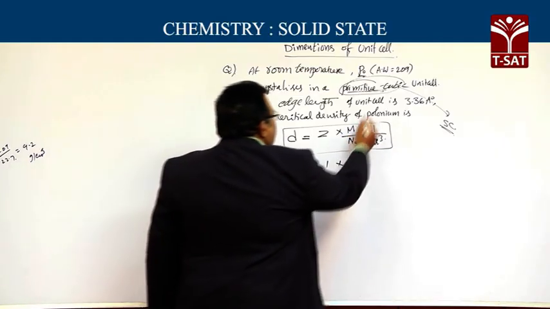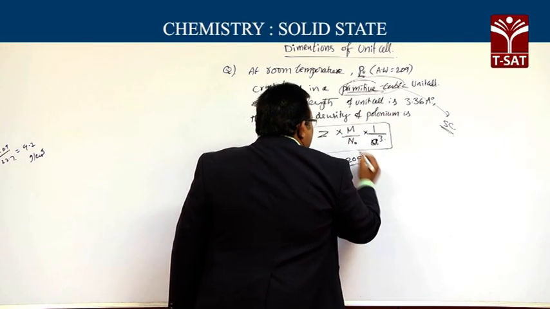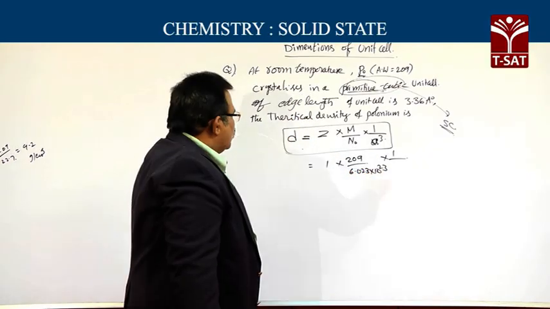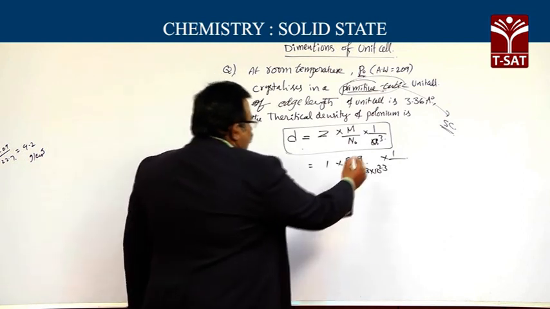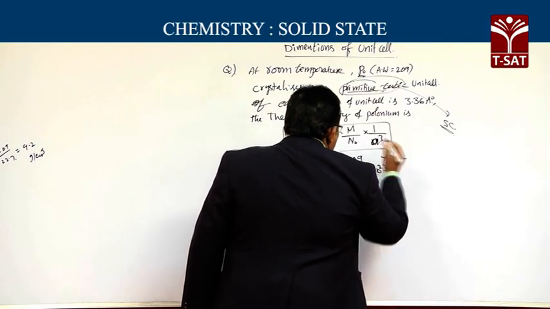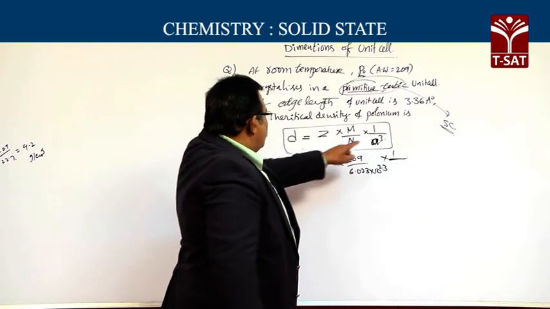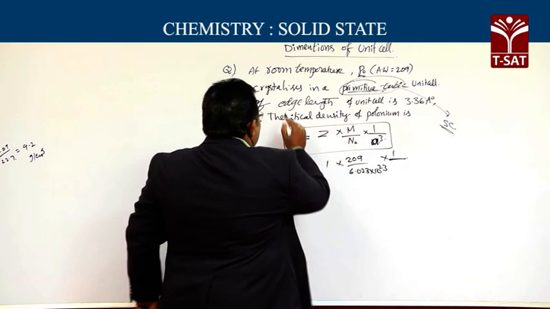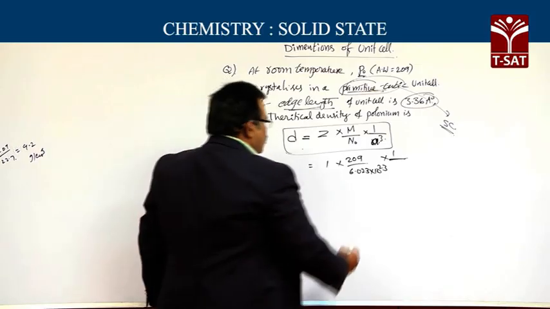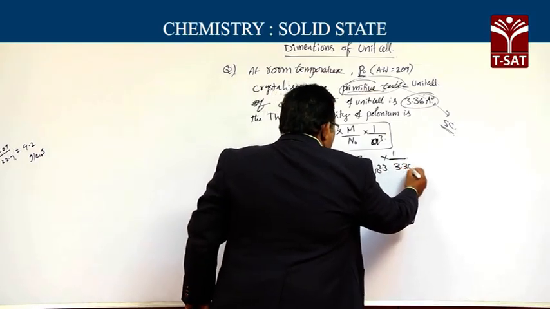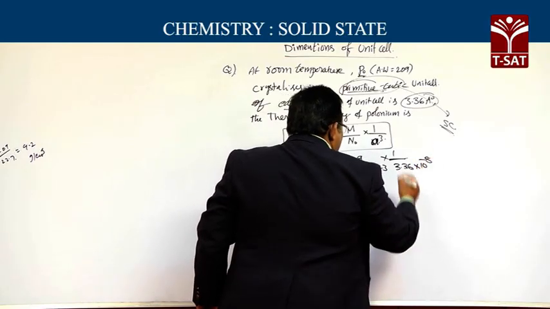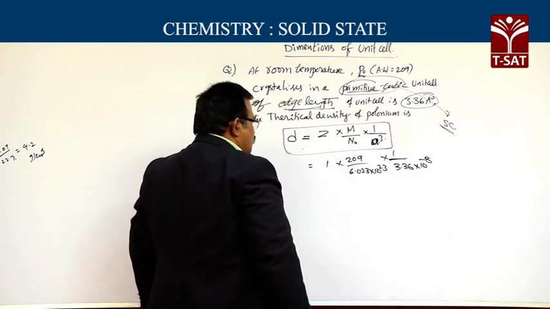The atomic weight was given as 209 by Avogadro number into 1 by volume, a cube. How do we get the volume? The edge length was given, 3.36 angstroms. 3.36 multiplied by 10 power minus 8, it becomes in centimeters.